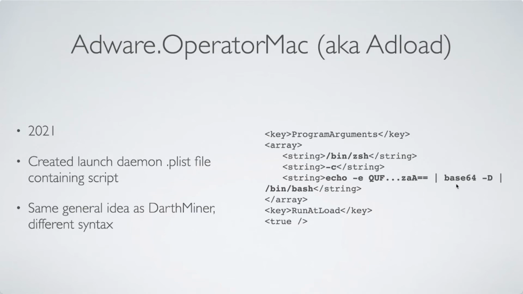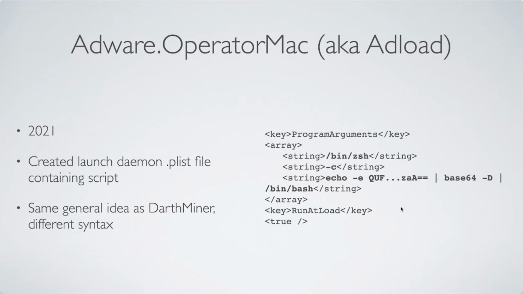So again, it's piping a whole bunch of data into base64 to decode it, and then piping that into bash to run it. Now, again, it's kind of interesting the way that they did this. They run it with ZSH to run echo and pipe something into base64 and then pipe that into bash. It really makes you think folks are not that familiar with how Macs work in these cases.